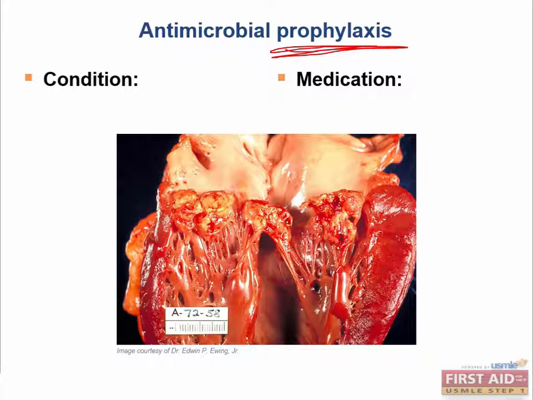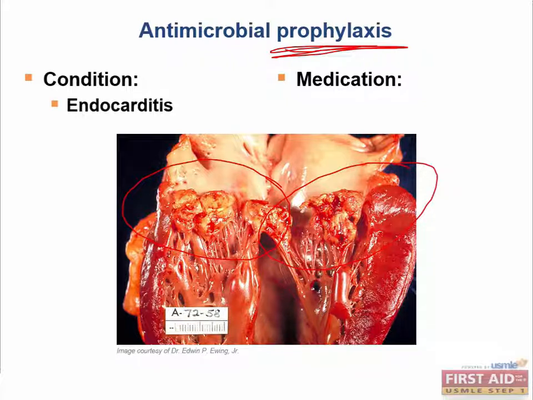Here's an image of a cardiac ventricle at autopsy. What do you notice about the valves? Do you see a problem? Well, we can see here some vegetations found on the mitral valve. These are indicative of bacterial endocarditis. Do you remember the most common bacterial organisms that cause bacterial endocarditis?